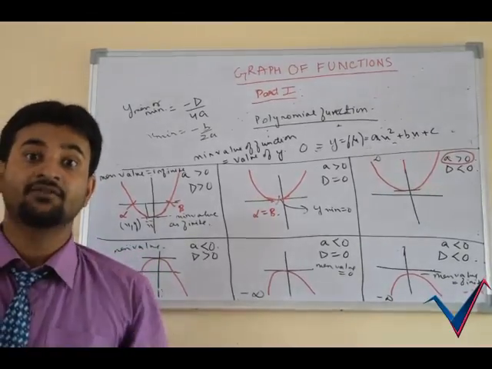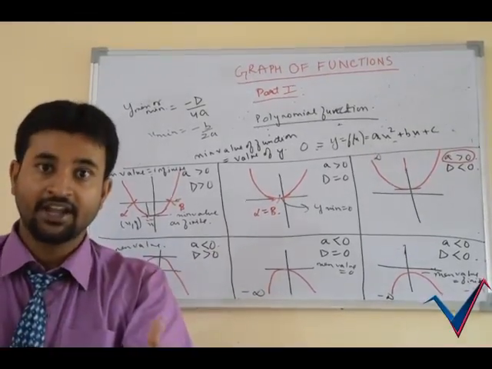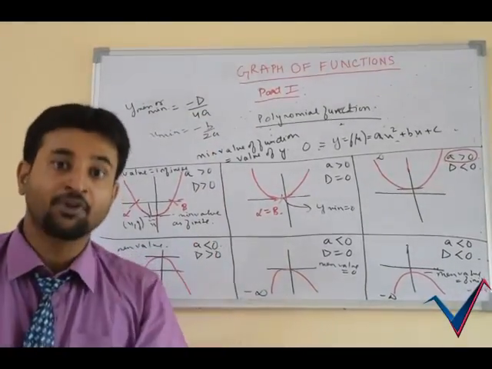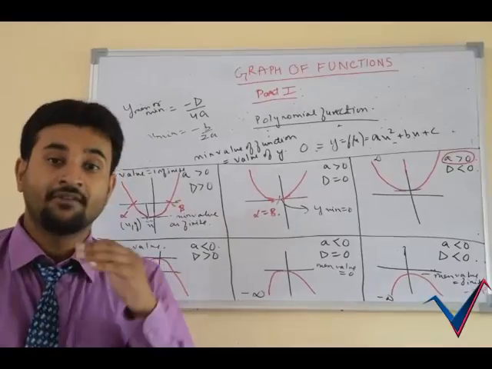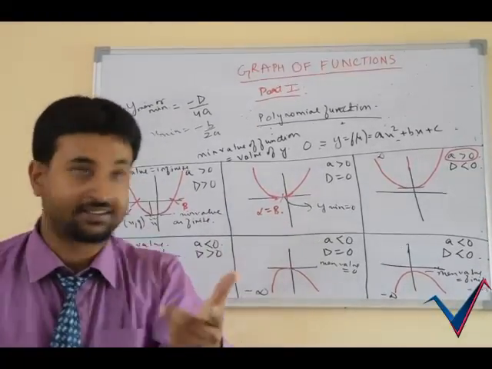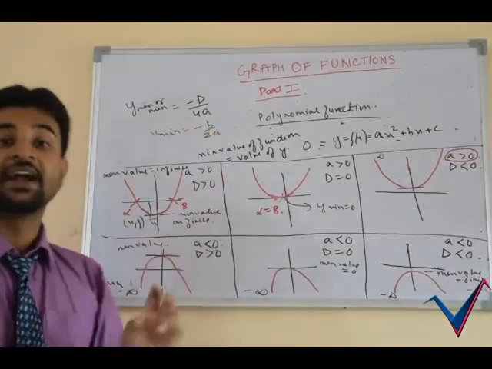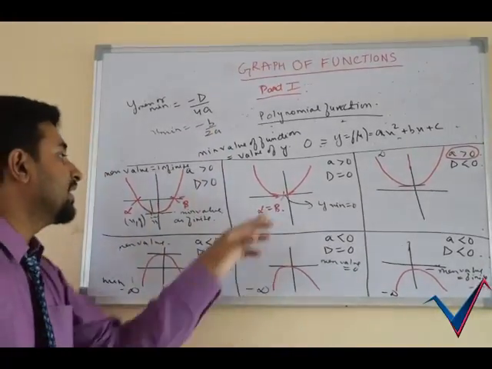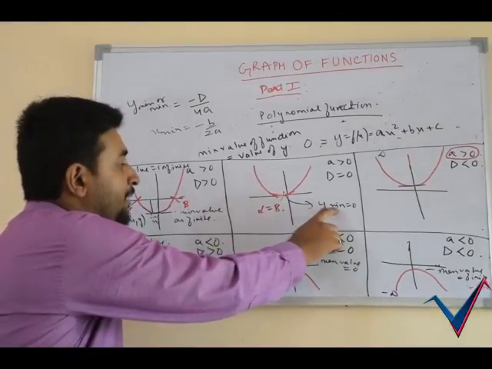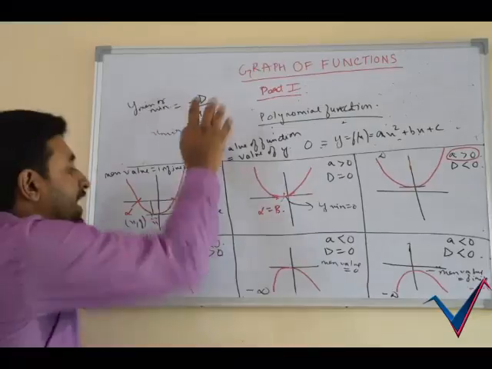Whenever you are asked what the minimum value is, always find minus D by 4a. And suppose you are asked in a question at what value of x y is minimum, then you have to find minus b by 2a. Like for this case, y minimum is 0, and you can get it from here also.